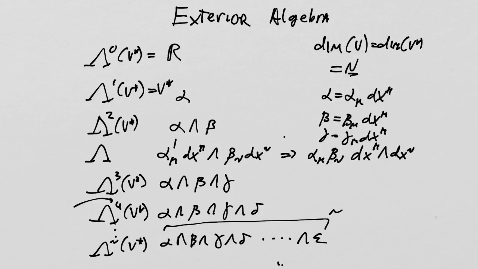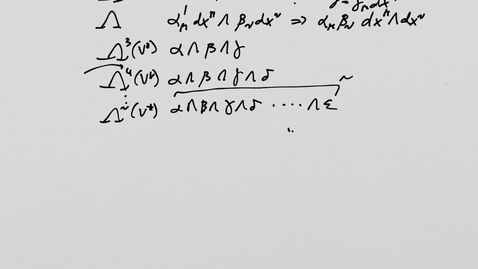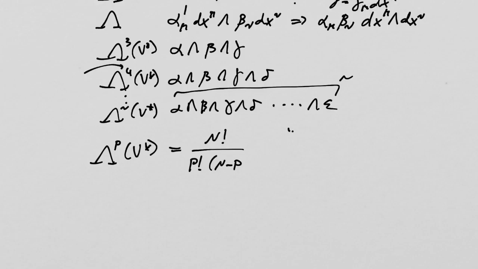And then each of these vector spaces has its own dimensionality, and the dimensionality of the pth exterior power of the covector space is always given by n factorial over p factorial times n minus p factorial. And what's really important to see here is that the pth exterior power space, let me write that better.